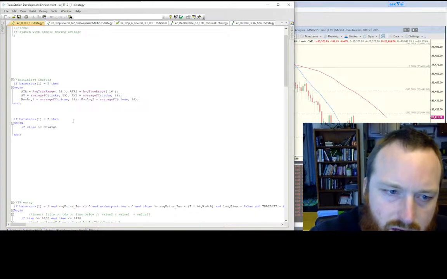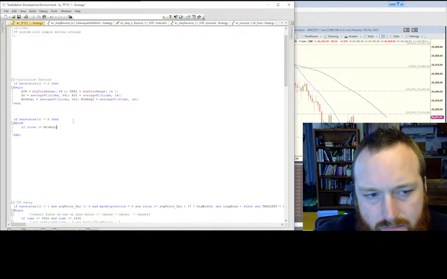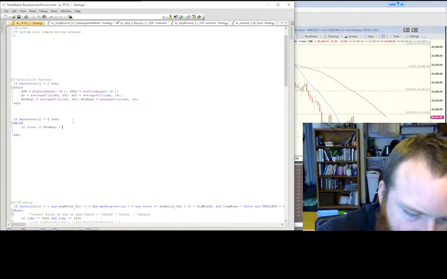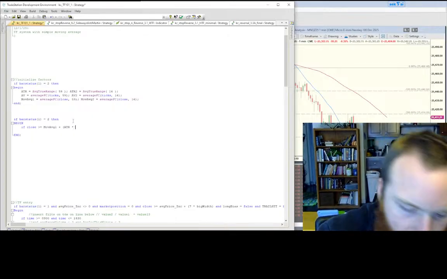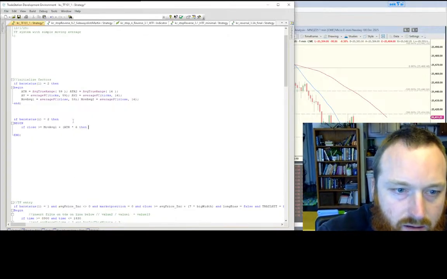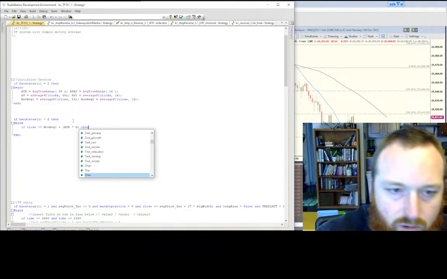If the close is greater than or equal to the average price hour, the hourly moving average, plus 6 ATRs, then we're going to buy it.